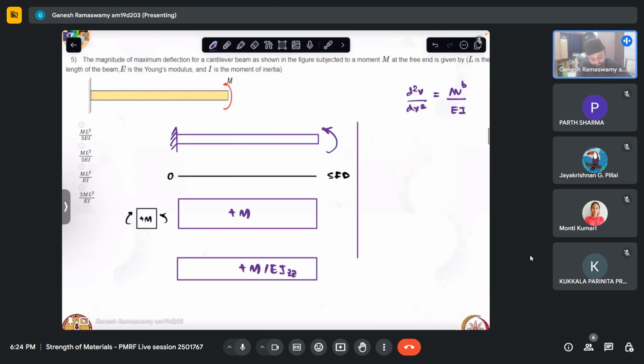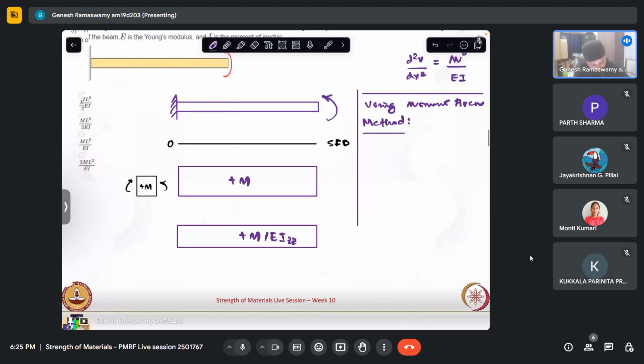Now I can do it from the figure itself because of the simple geometry of the M by EI diagram. We can easily calculate the area between 2 points and evaluate slopes and deflections. So using the moment area method.